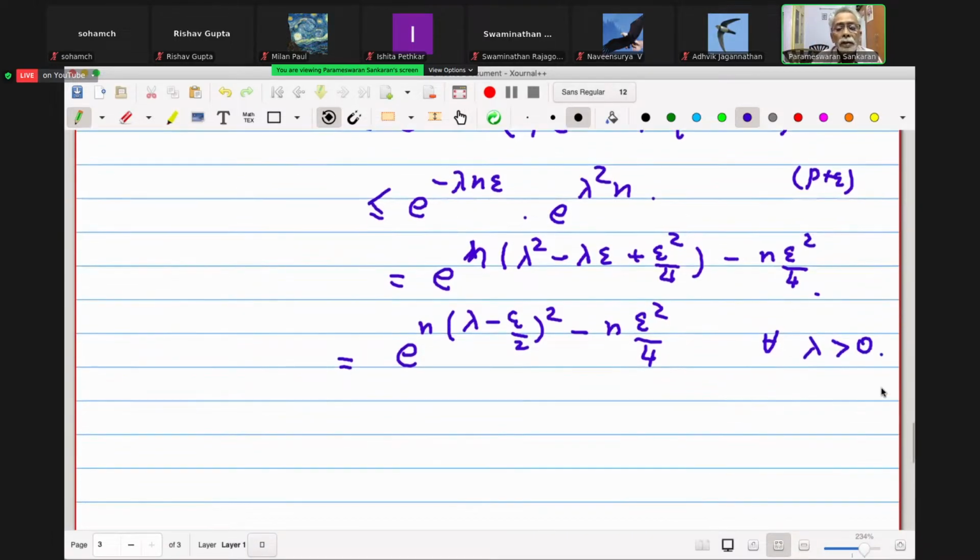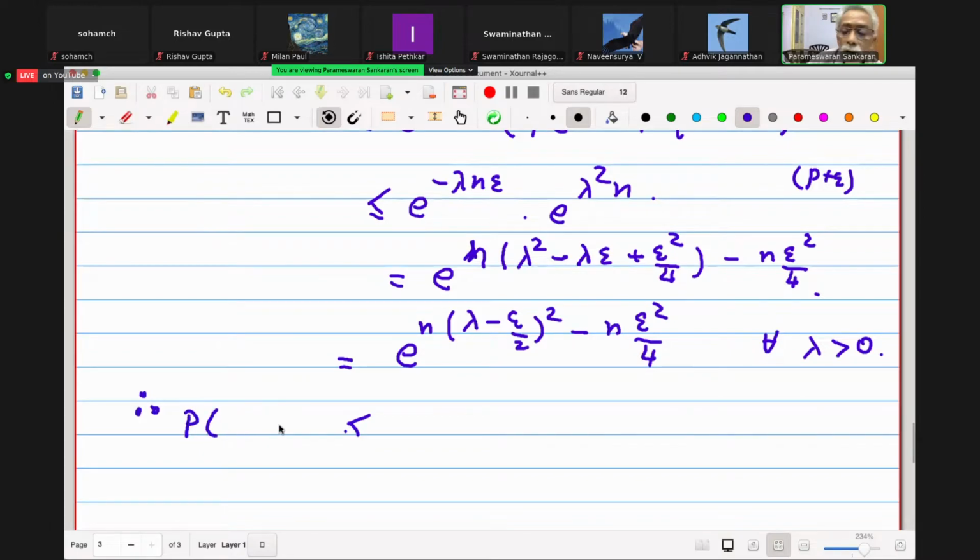Now what you do is you choose one which is the least on this side, because every time this is less than or equal to. So if I replace by the least value of this, then also it's less than or equal to. And that least value, because this is a perfect square, I could make it equal 0 when lambda equals epsilon by 2. And when I do that, so this time I cannot directly write less than or equal.